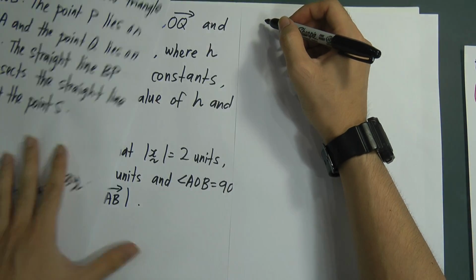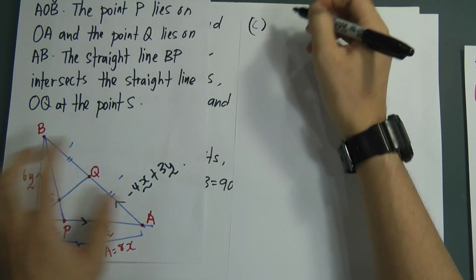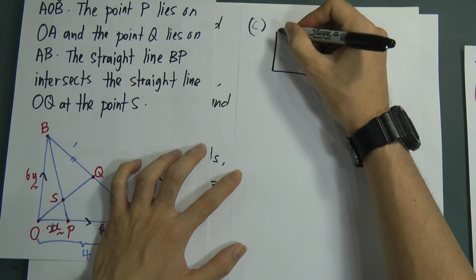So this is the last part C. Okay, so I draw a triangle for it.